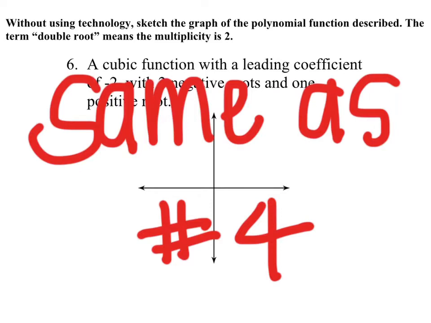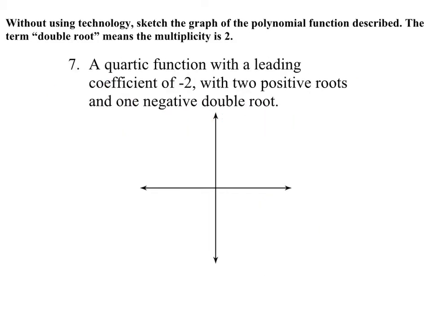Number 6, you'll notice, is pretty much the exact same as number 4. The only difference is number 4 says that I have 2 negative zeros and 1 positive root, or positive zero. Number 6 uses the word root instead. Finally, number 7, it's going to have a quartic function, leading coefficient of negative 2.